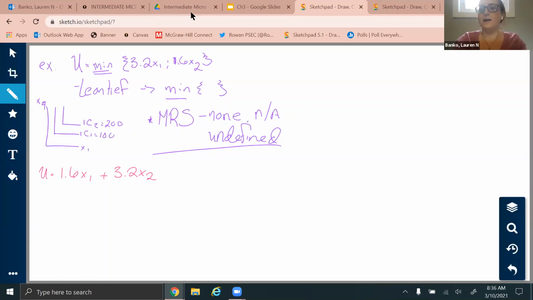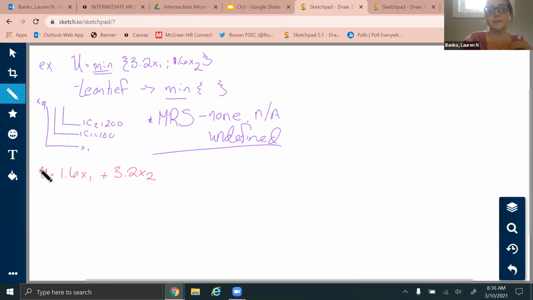Okay. This time the majority did get it. This is a linear function. So we've only really talked in this chapter about either linear or Leontief, perfect substitutes or perfect complements. So those are the only 2 you should be answering right now.